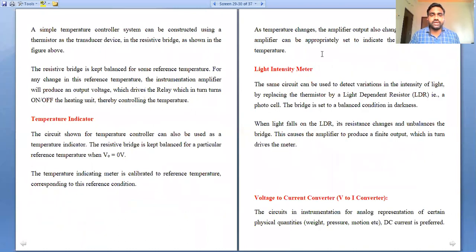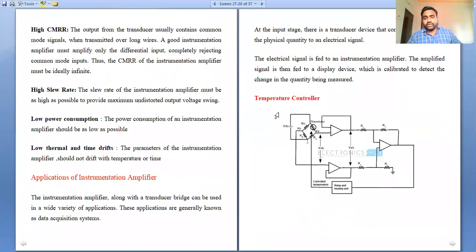How can we control the temperature? If in the resistive bridge we balance the temperature with a specific reference temperature, the entire bridge will be balanced at that reference temperature.